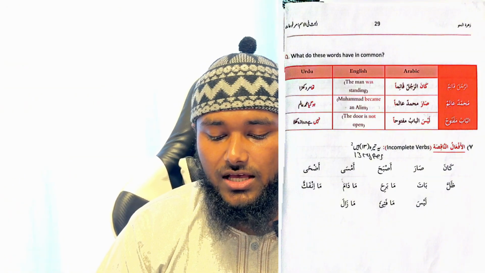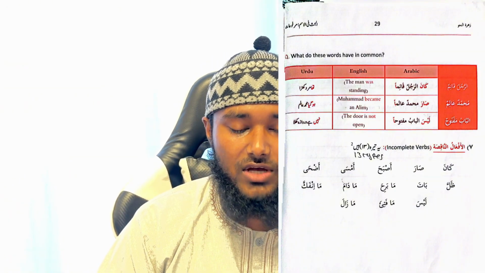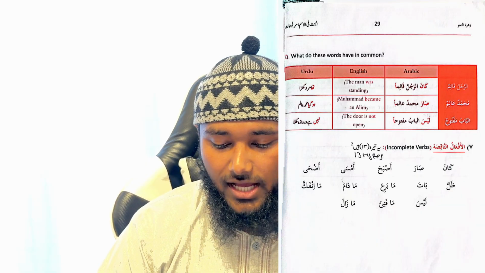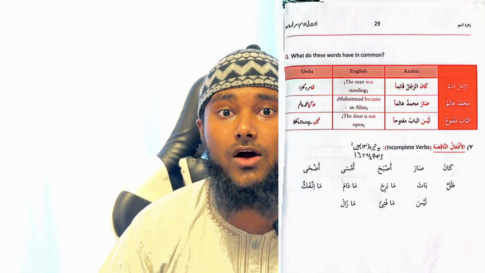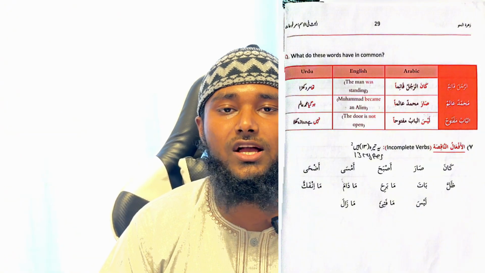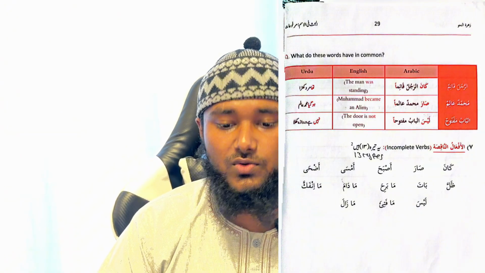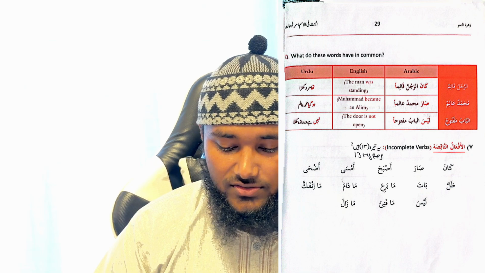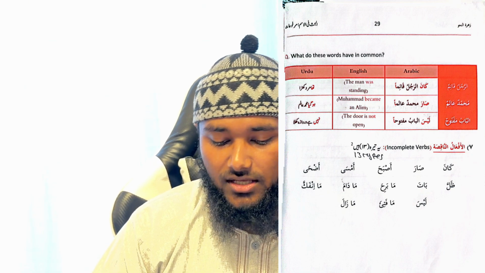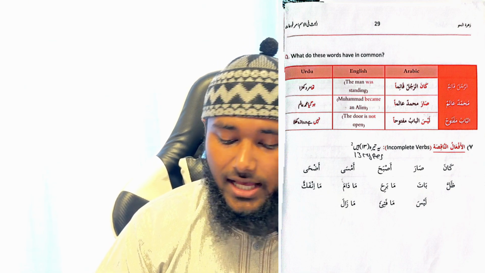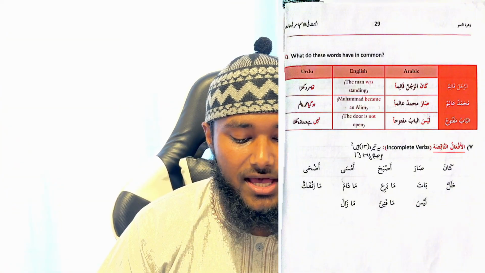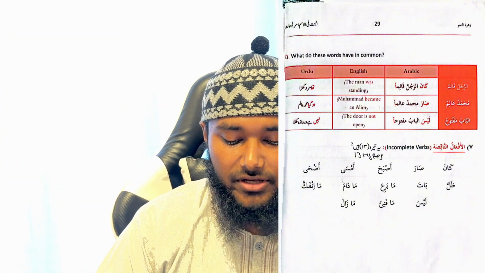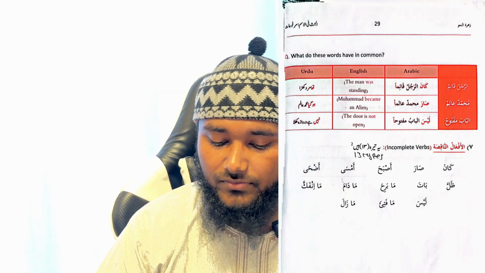Okay, so Al-Af'alun Naqisa. I've just described the ruling and how these certain verbs, when they come into a sentence, deal with the words of that sentence. The following words: كان صار أصبح أمسى أضحى ظل بات ما برح ما دام ما انفك ليس ما فتئ ما زال.